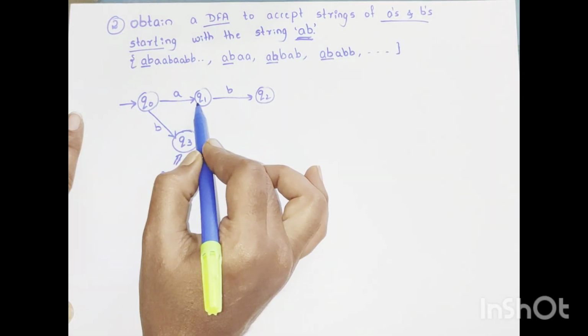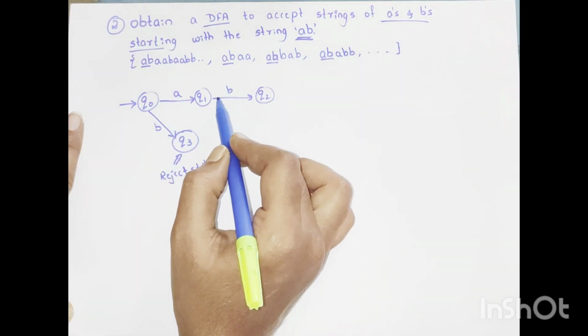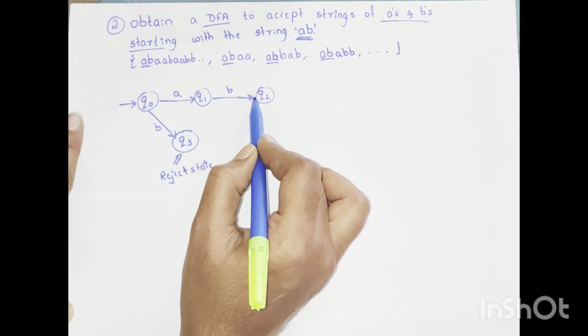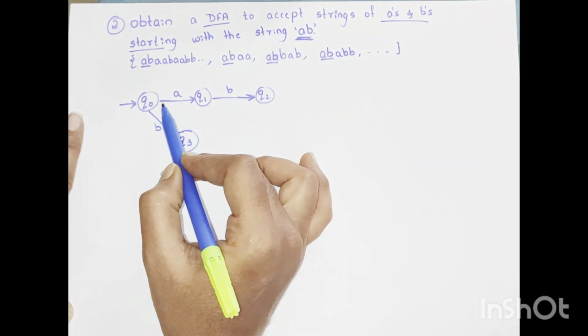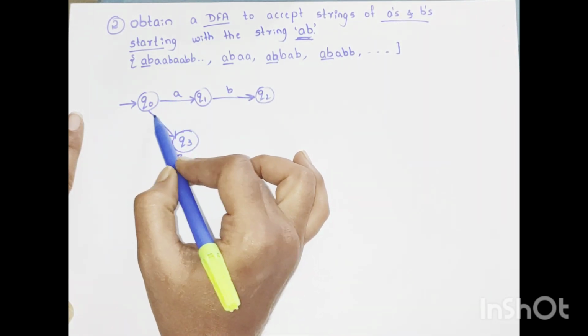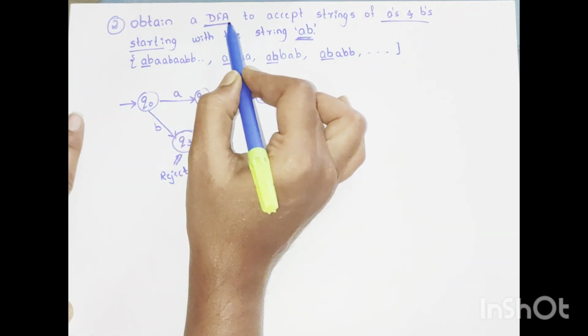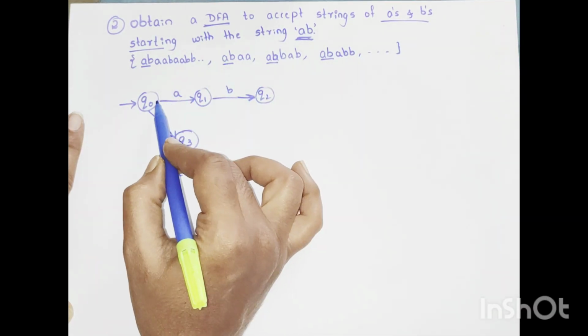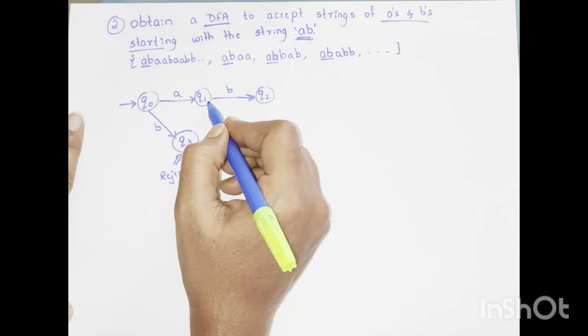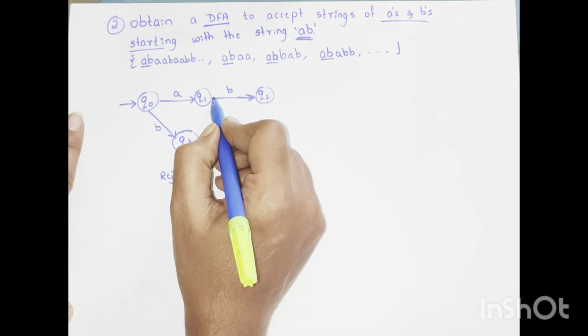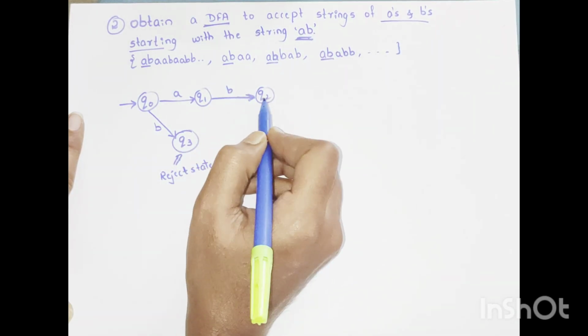If A comes, then it will go to the Q1 state. Then from Q1 it should compulsorily take B. I have shown the transition for A and B because we are defining a DFA here. Then what about the Q1 state? If B comes, it will go to the Q2 state.